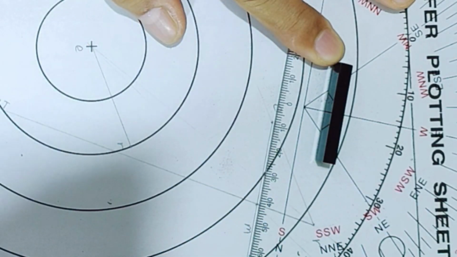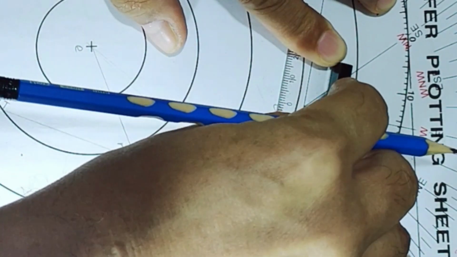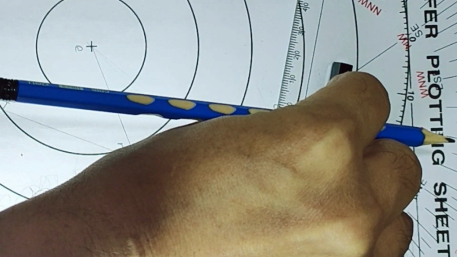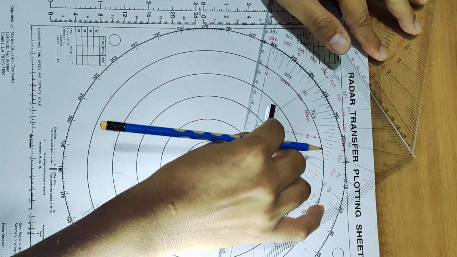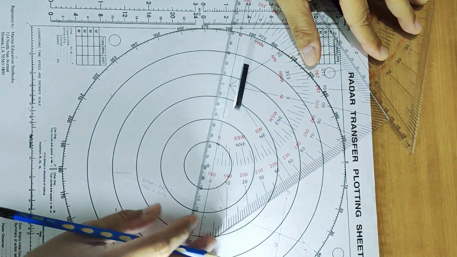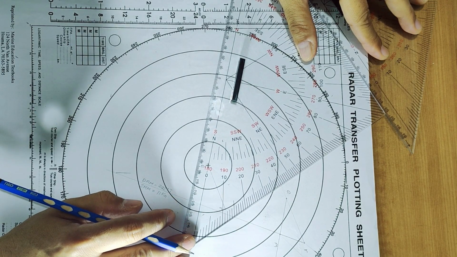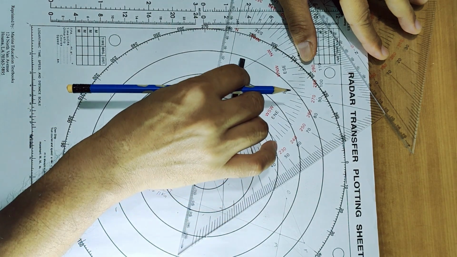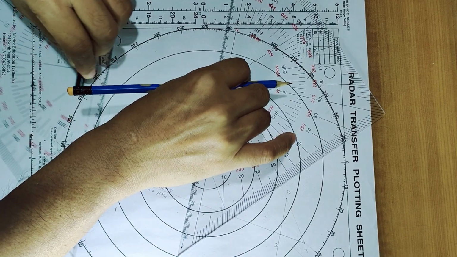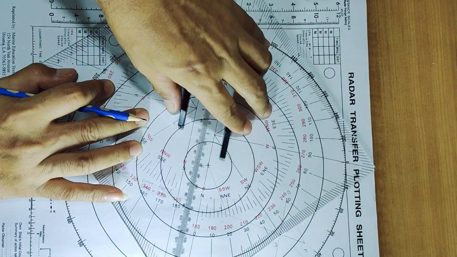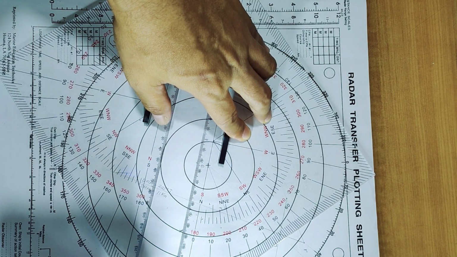That is E to M. And bring that to the center. Okay, so that is the true course.